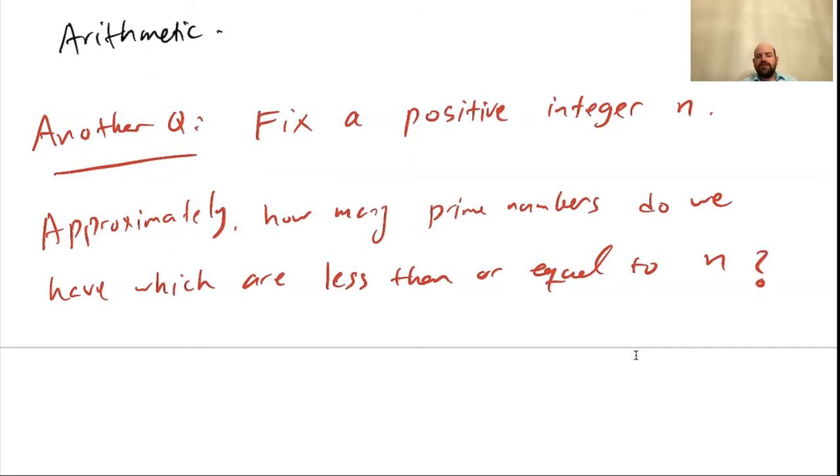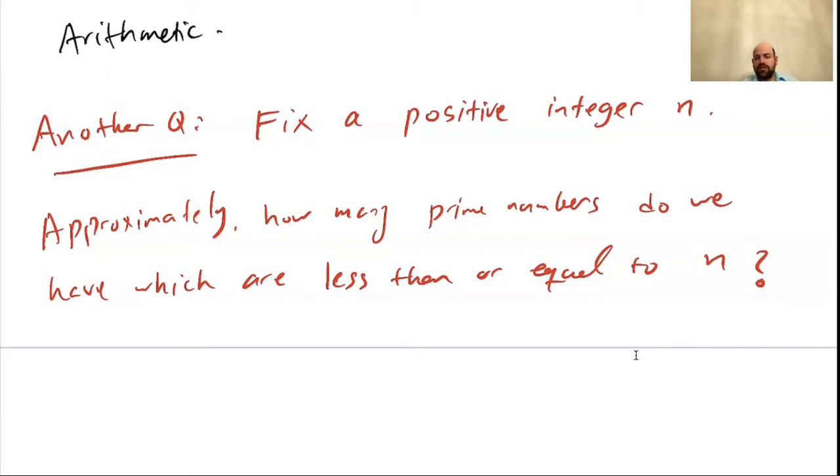So for example, if n is equal to 10,000, approximately how many prime numbers do we have which are less than or equal to 10,000? Do you think, for example, square root of 10,000? Or maybe 10,000 to the power 1/4?